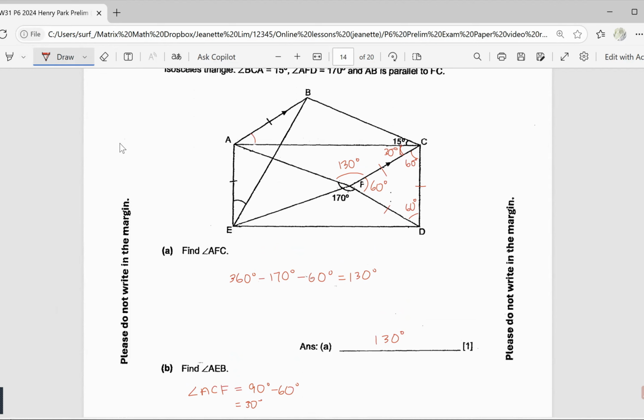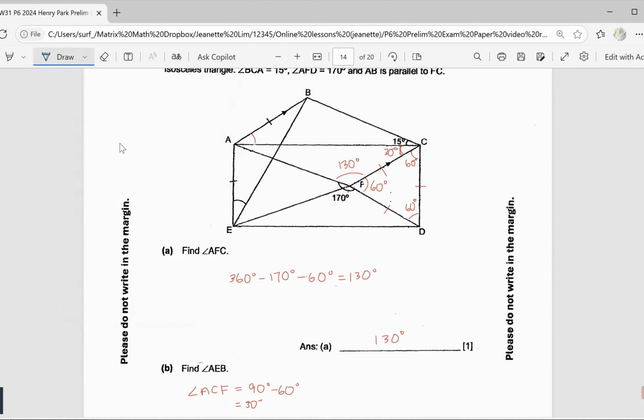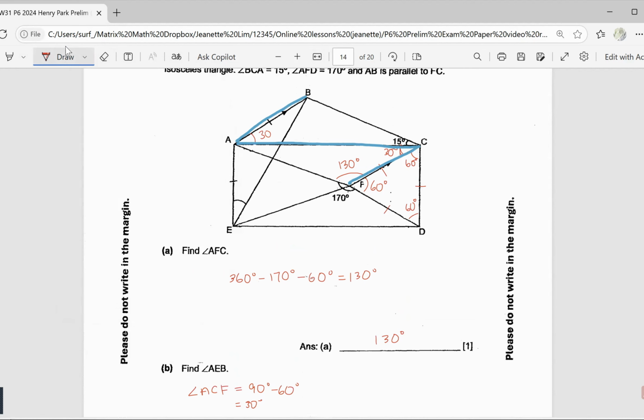Okay, then alternate angles, which is this. And it works because you have parallel lines like that. Which means that this is 30 degrees.